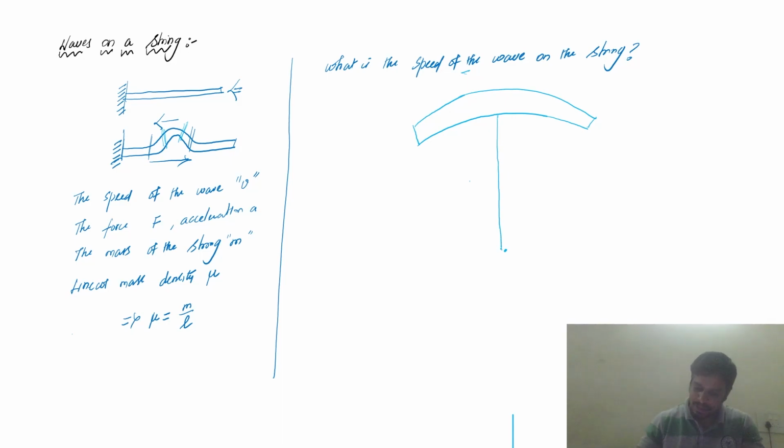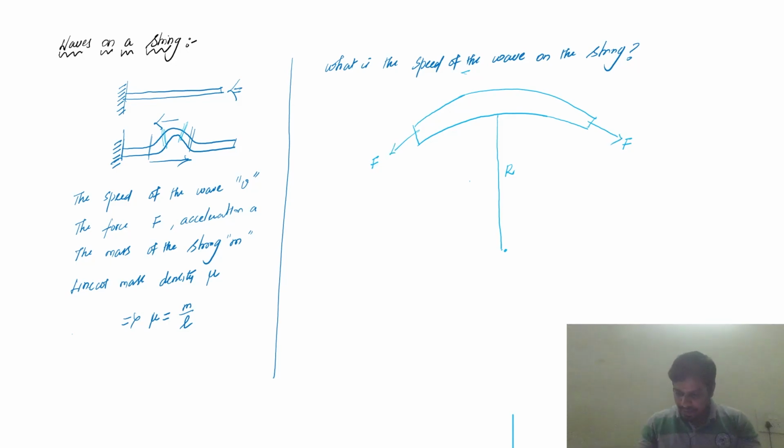The distance from this center point to the arc is called the radius of curvature. Here at this end as well as this end, because it's a string, there will be two tension forces acting on each end. The tension force I am calling F, acting like that.